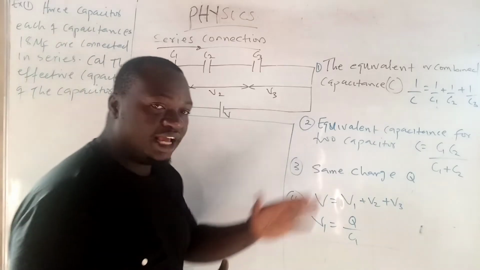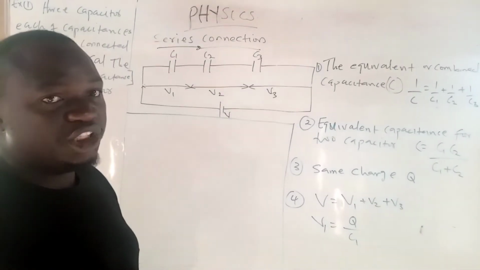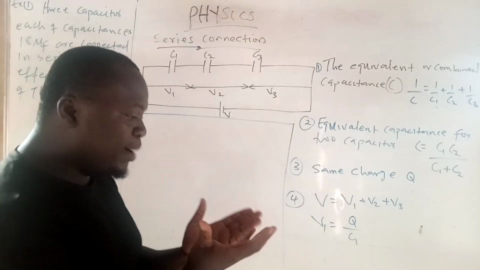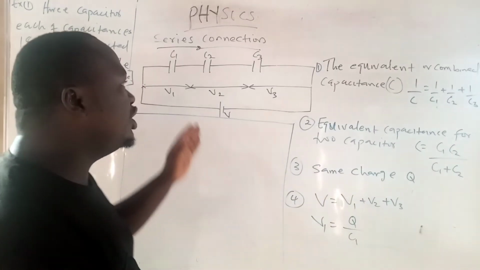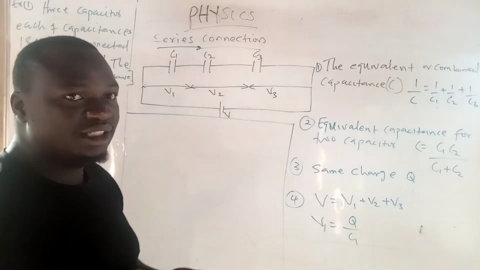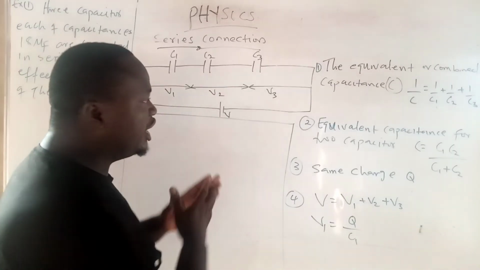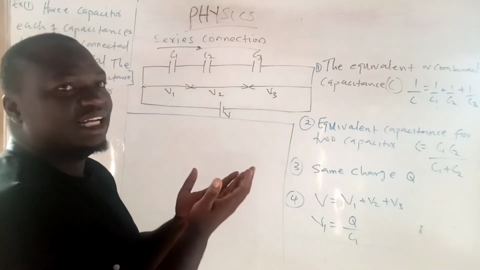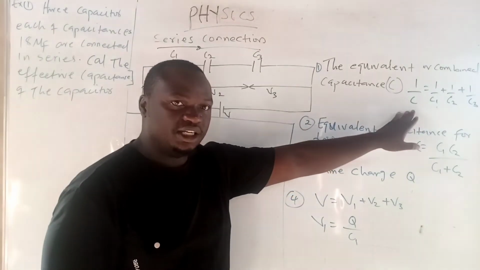Now, I've already written it here. Remember in parallel connection, I made a statement. I said that to get the equivalent or combined capacitance, it is just the summation of the whole capacitance. Now, in series connection, the equivalent or combined capacitance is just the inverse. Look at it here.